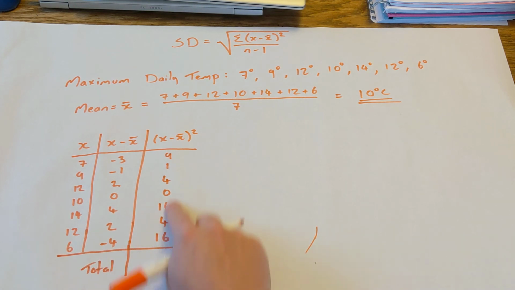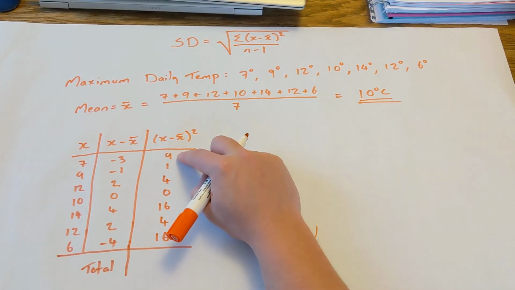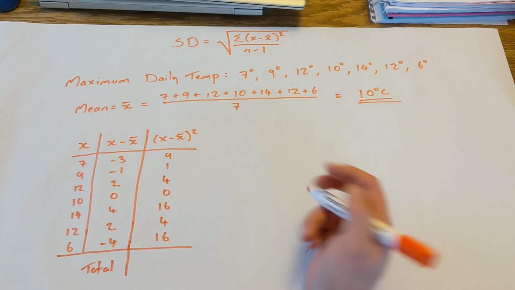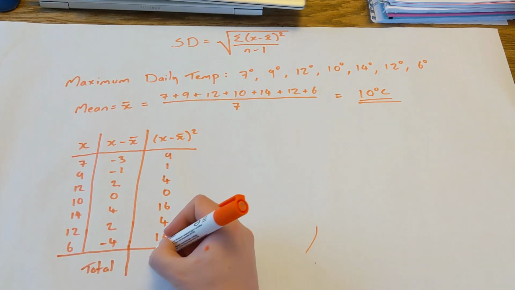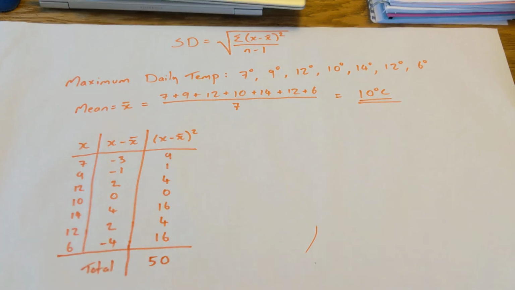So these should all be positive numbers. Right, again, on your calculator or in your head, add those up, and that will give you a total of 50 for those.